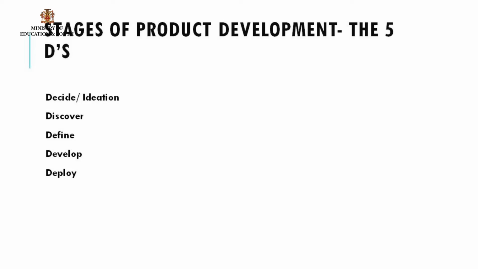There are 5 stages involved in the product development process, and we call them the 5 Ds: decide, discover, define, develop, and deploy. Let us look at each step in detail.